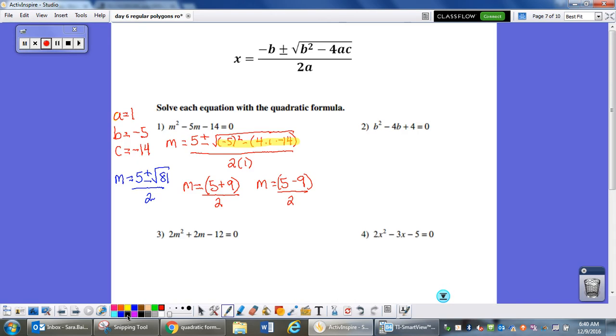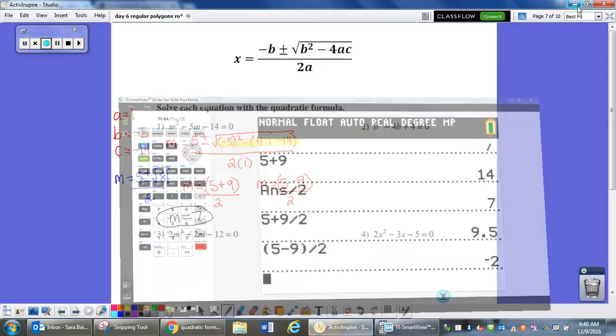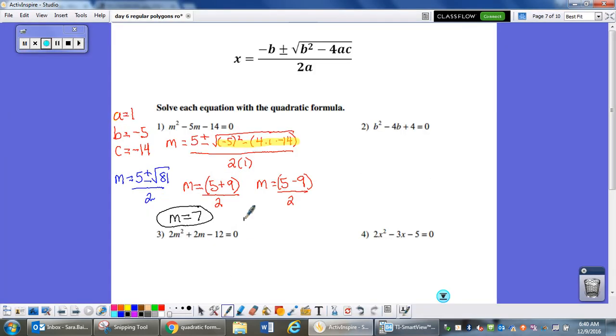So in one case, m equals 7. And then 5 minus 9 divided by 2, and in the other case, our answer equals -2. Okay? So that is a good example of how to use the quadratic formula.